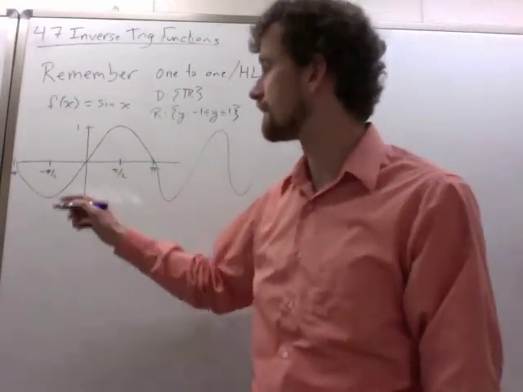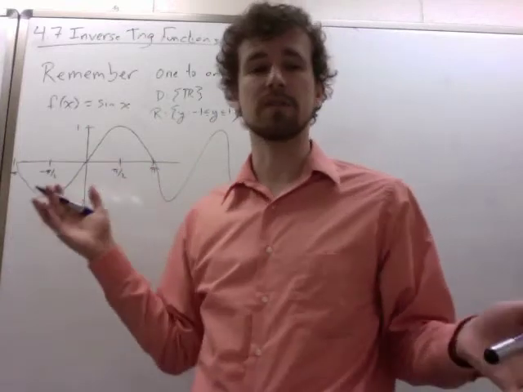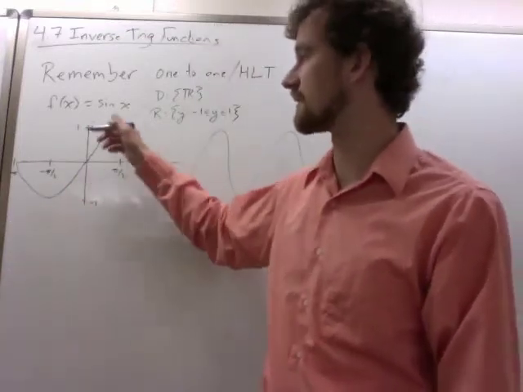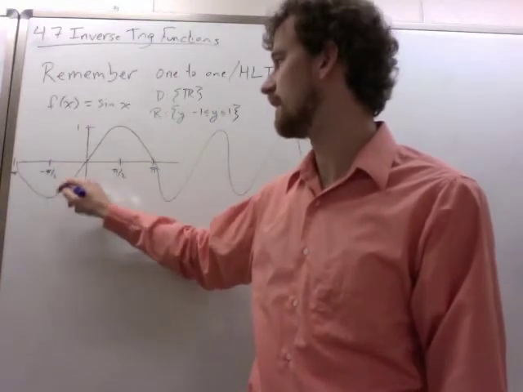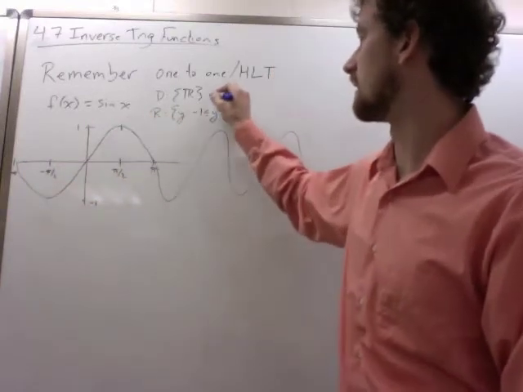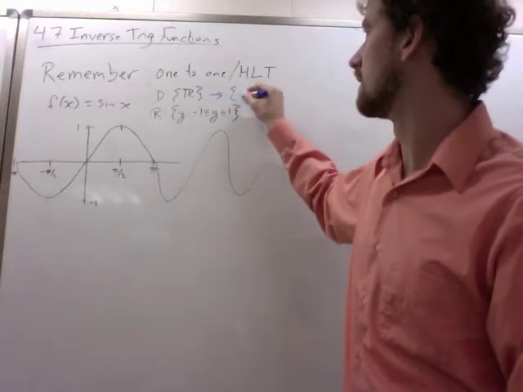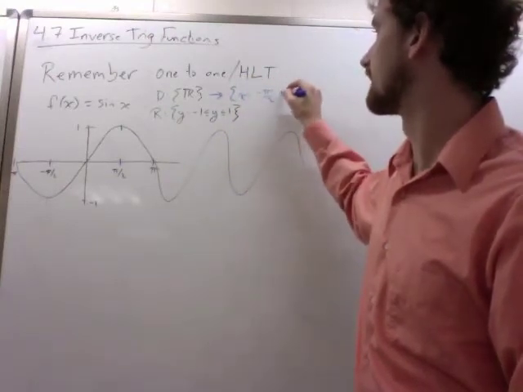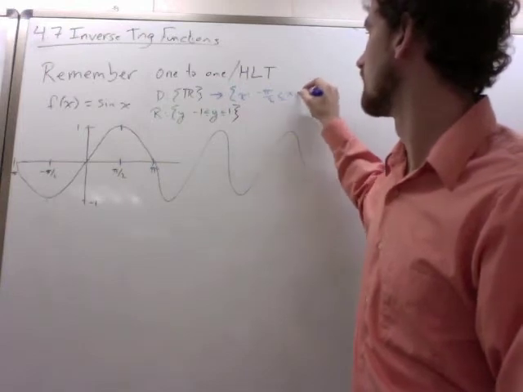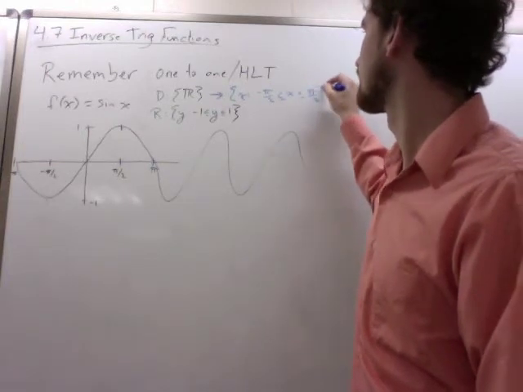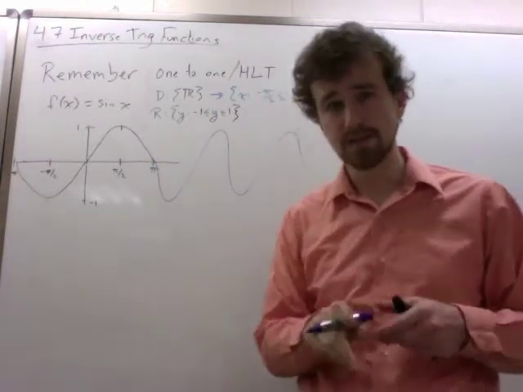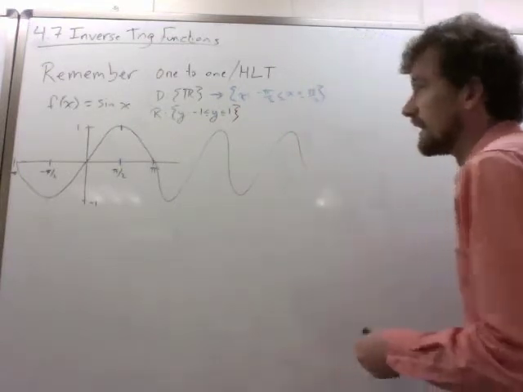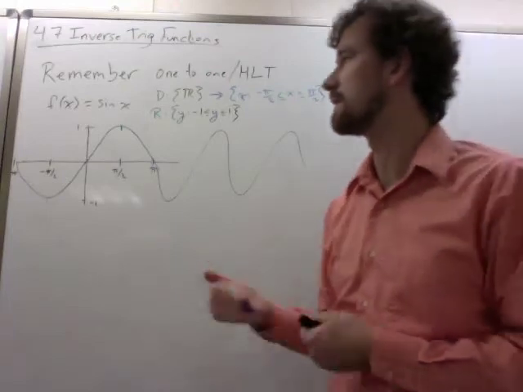So there are many regions that could be used, but because it's the simplest, the inverse sine function has been defined by restricting the domain to be from minus pi over 2 to pi over 2. So that is where we invert our sine function.